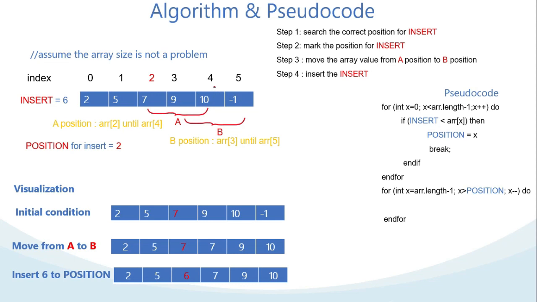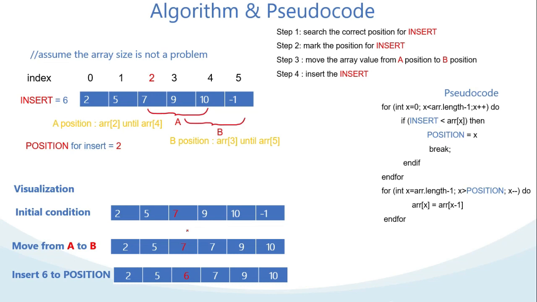So I will have to move array 4 to array 5, and then array 3 to array 4, array 2 to array 3. So we need a loop that moves from the last index to the position, and then we copy the value in the index before the last position to the last position, and so on and so forth.